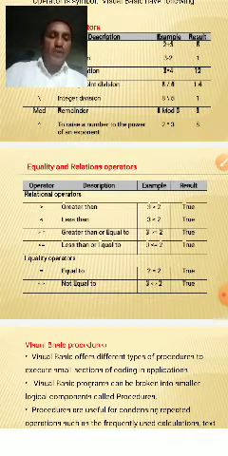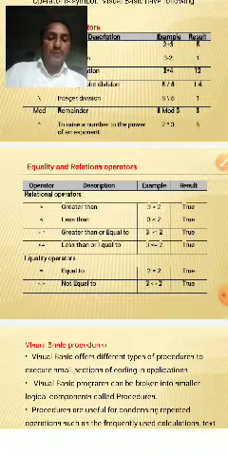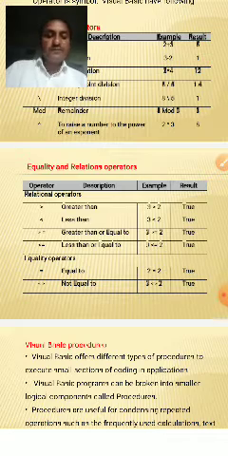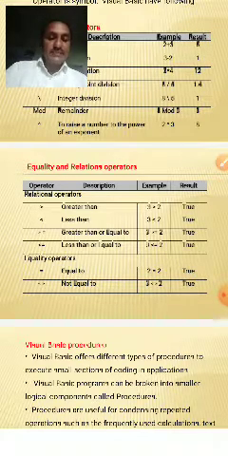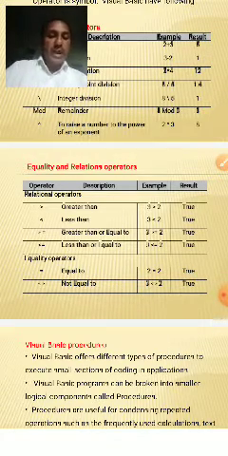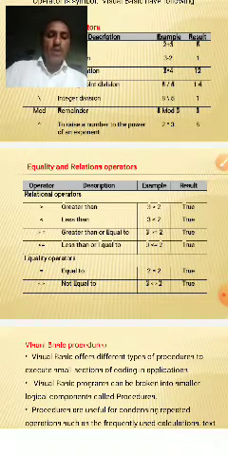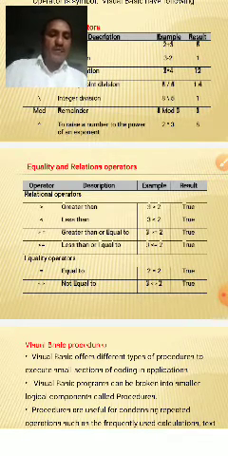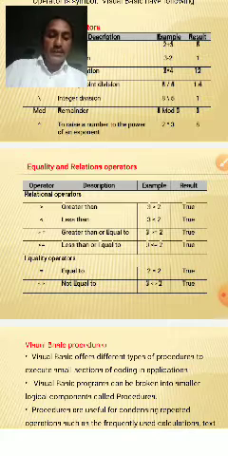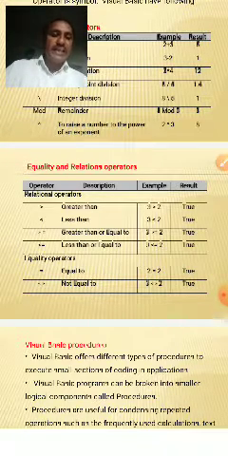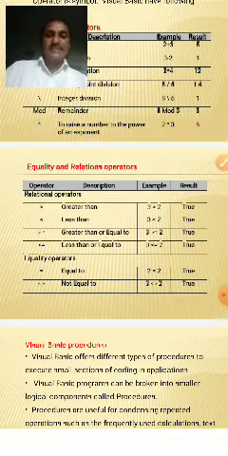So there are operators for comparing numeric values, operators for comparing strings, and operators for comparing objects. These are all three types we will discuss.